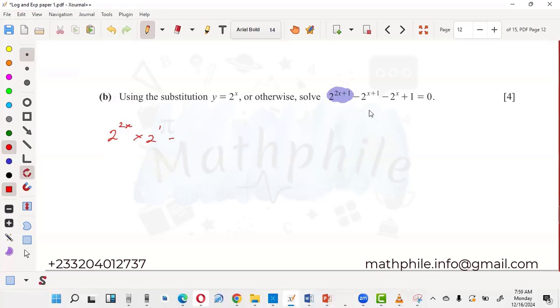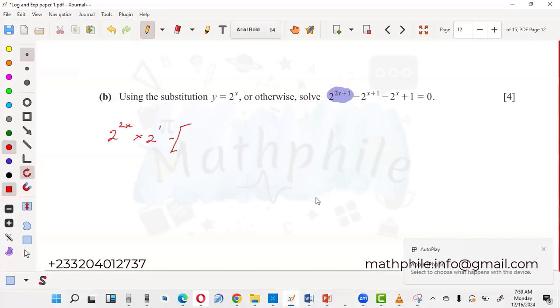So minus, because of this negative, anytime you are going to reverse something with a negative in front, I would advise you bring a square bracket. Again, it's not compulsory, but it would make your working easy. Is that okay? Yes.